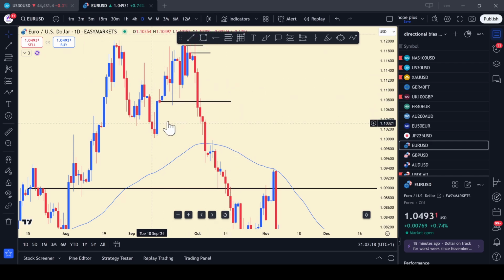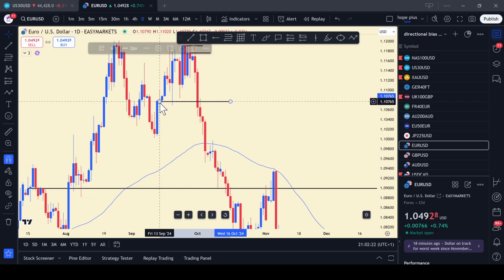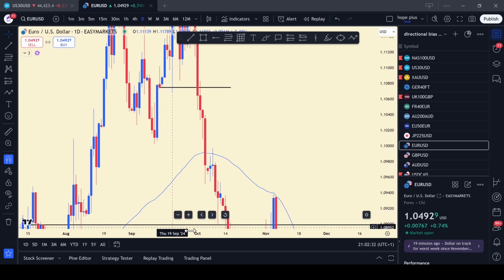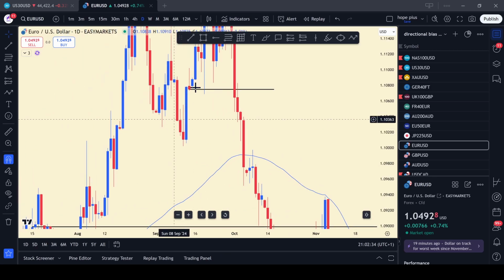Now you ask me, which level is this? Let me use the magnet tool. If you look at this candle here, you are going to see that there's an inefficiency around that market. We have inefficiency here. Why?